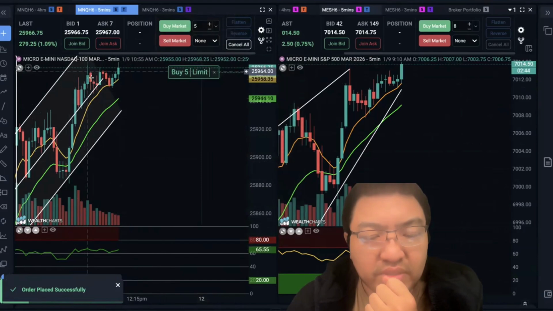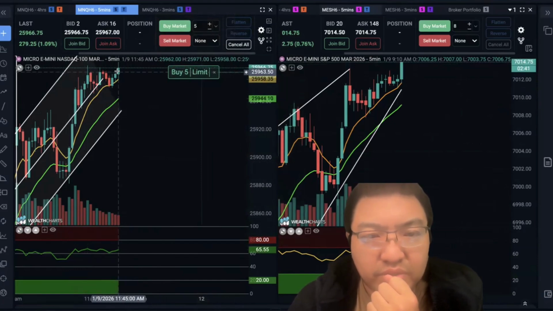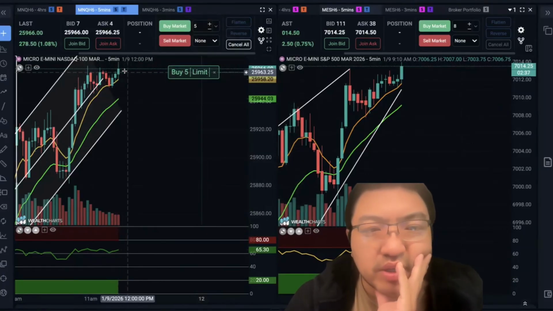That means after the sideway, maybe I just need to wait until the breakout.